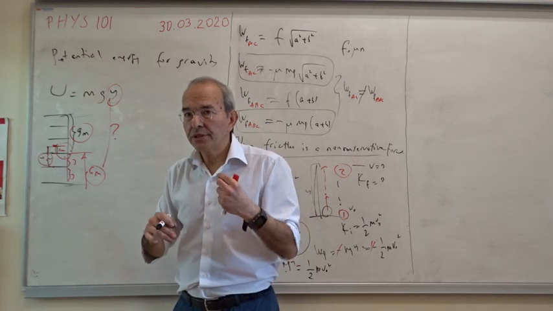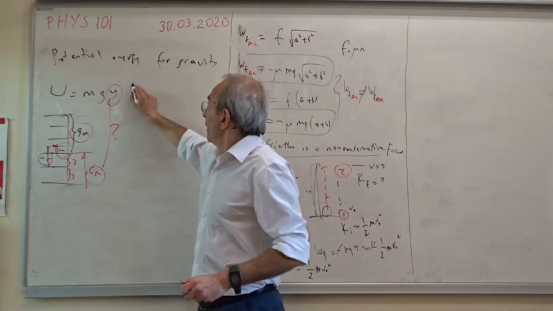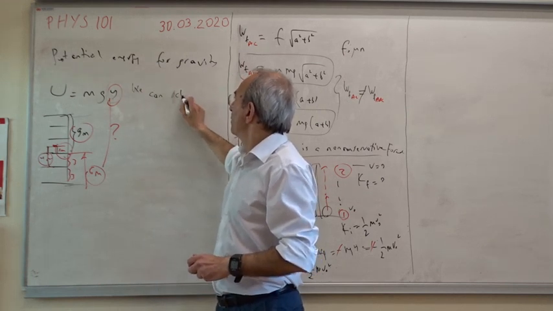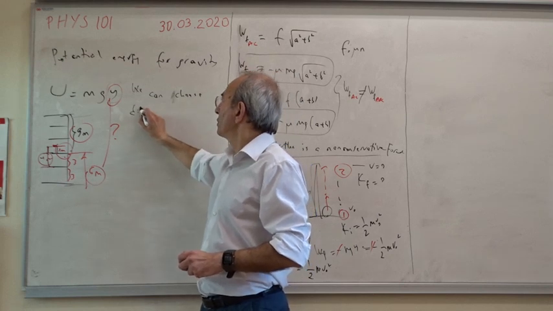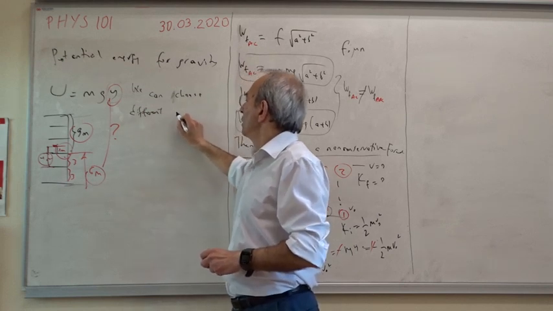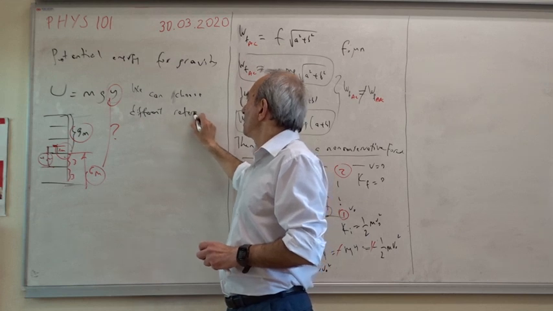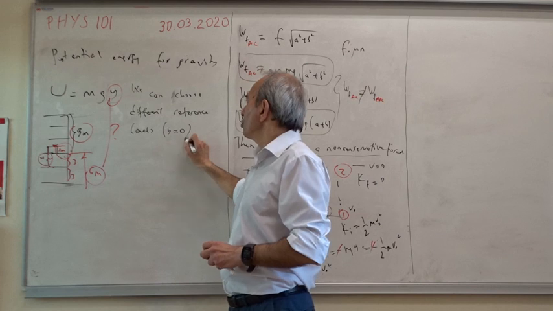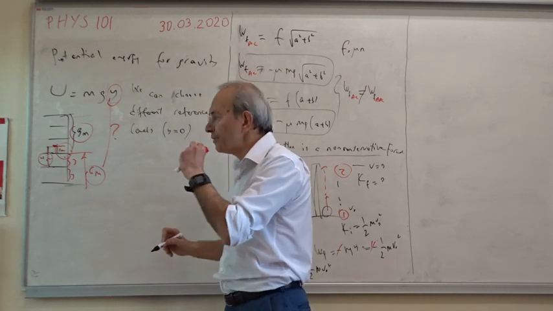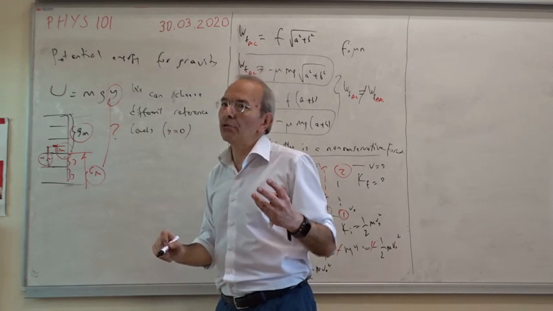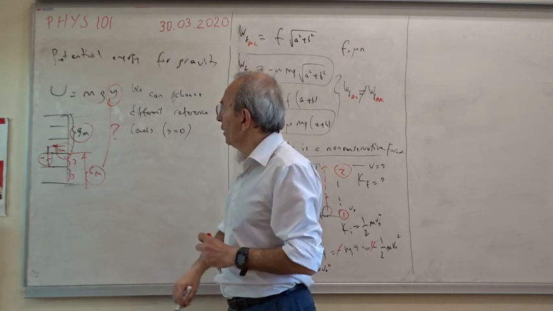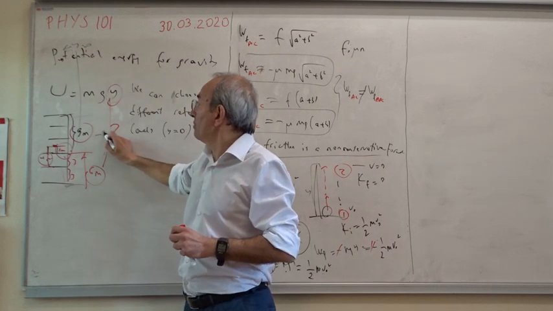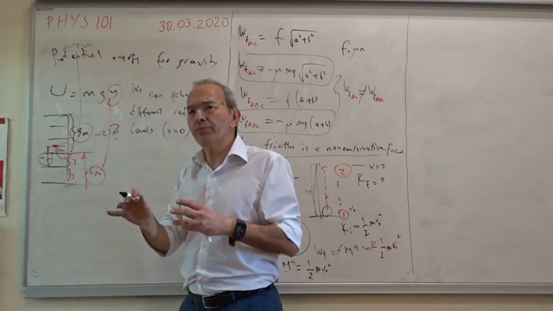What is important is the rest, because we can choose different reference levels. Reference level means y is equal to 0. You can set your 0 level anywhere you like. You can even choose very high positions, so that y is equal to 0 at maybe minus 27 meters. All are possible.